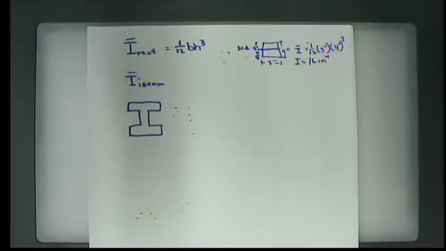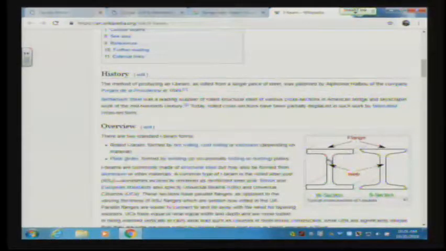So I just want to show you a picture of an I-beam here. If my screen will come up. Okay, so here we look at just a basic shape of an I-beam, and they're used, like we said, in all kinds of building materials. The parts of an I-beam are called the flange, which are the wide parts, and the web, which is the slender part in the middle.